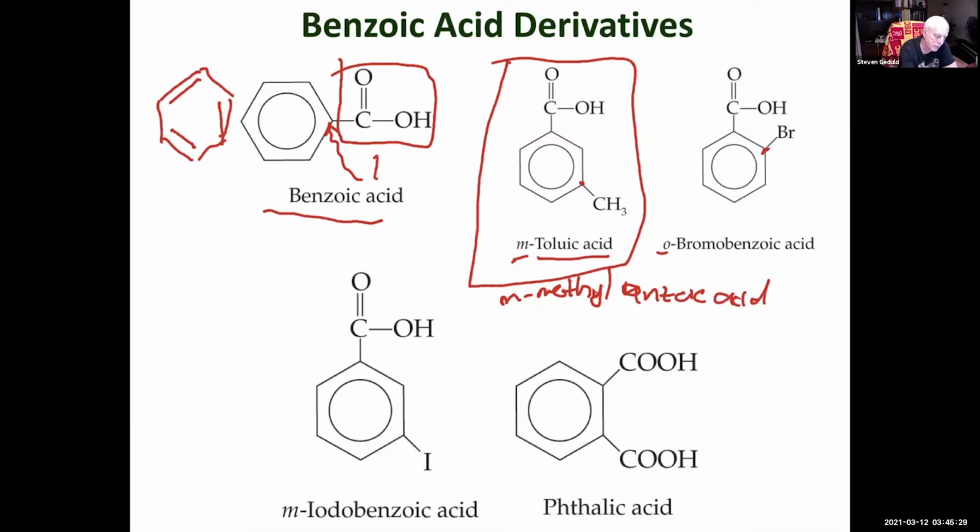Remember this is ortho, meta, and para, or 3-methylbenzoic acid. Same thing. This is number 3 carbon, and it's a methyl group. And then you have benzoic acid. So here's your benzoic acid attached to the benzene ring. At the meta position, you have a methyl group. So meta-methylbenzoic acid, or 3-methylbenzoic acid.